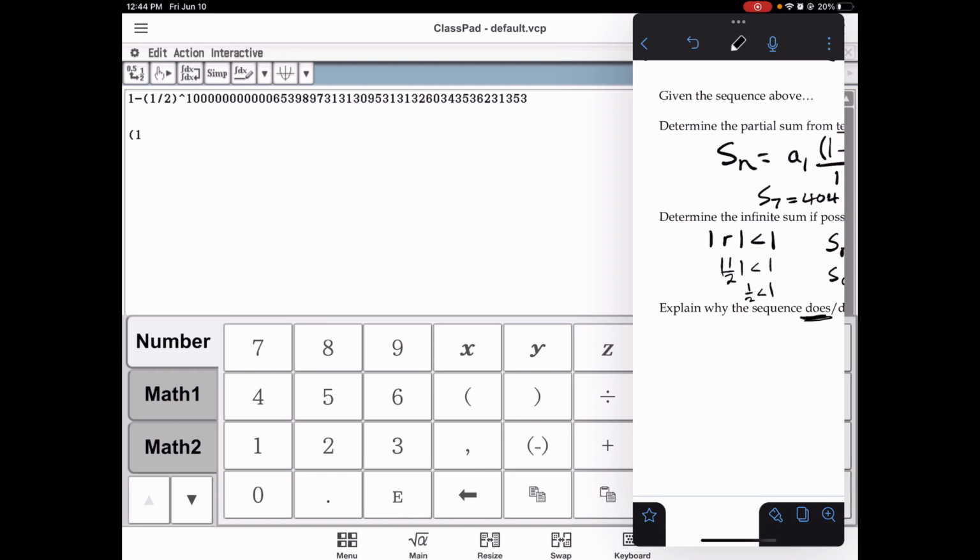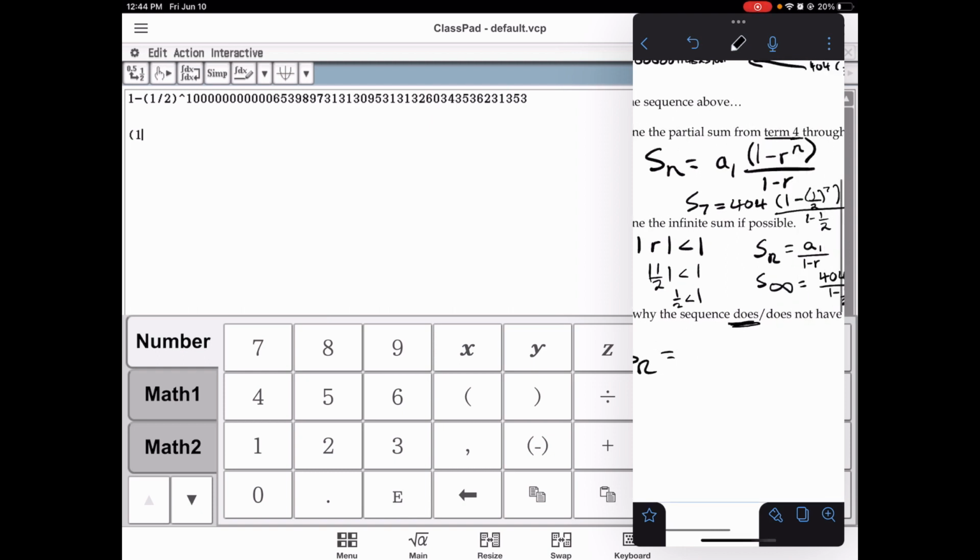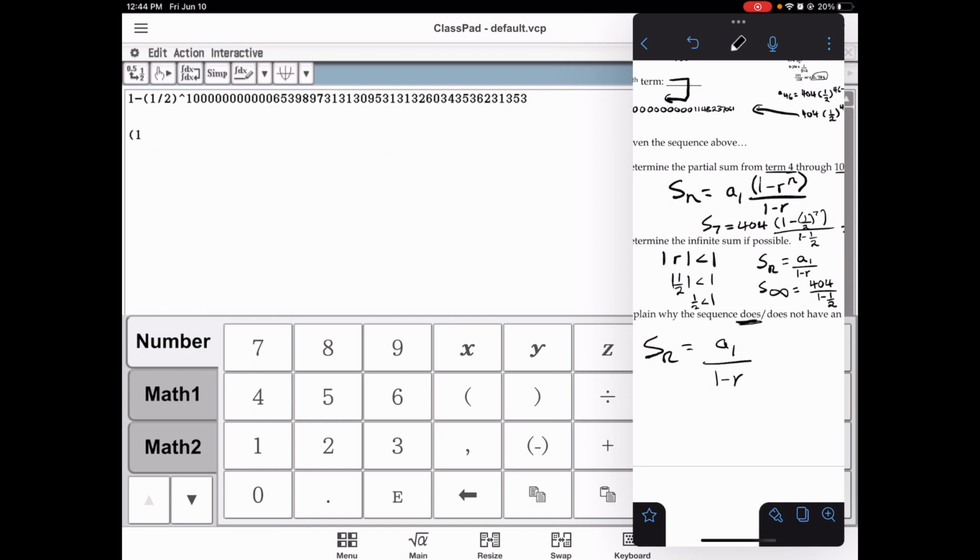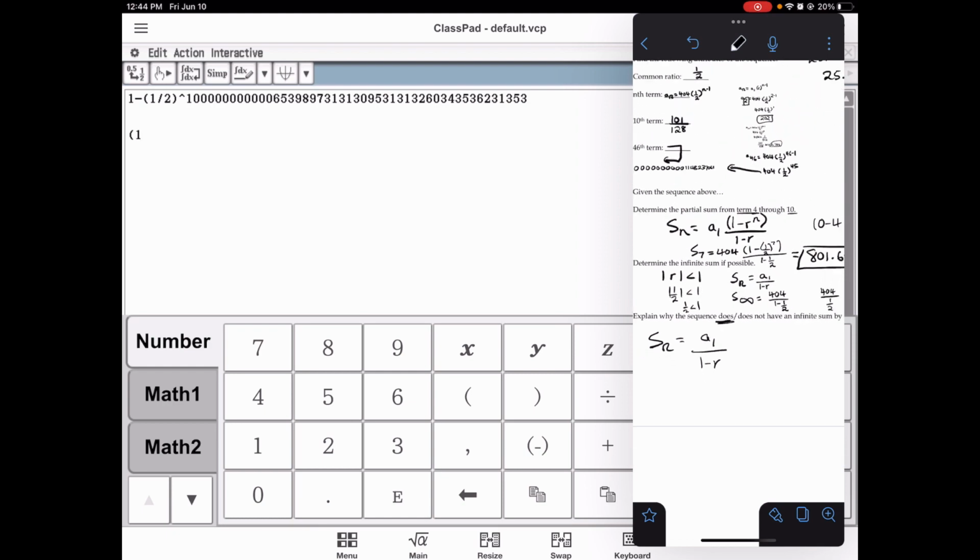The formula is S of n is equal to a1 over 1 minus r, right? That's our infinite ratio formula.